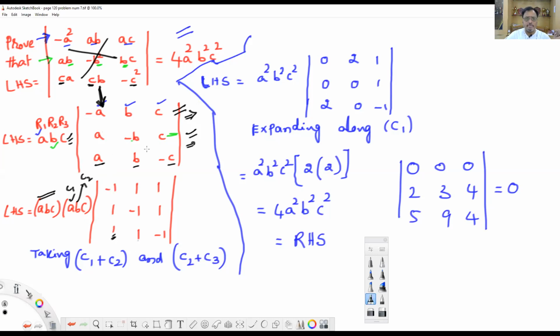So 1, 1, 1. And in the third column, C is a common factor. So 1, 1, 1. That means LHS is equal to ABC into ABC, it will become A square, B square, C square.